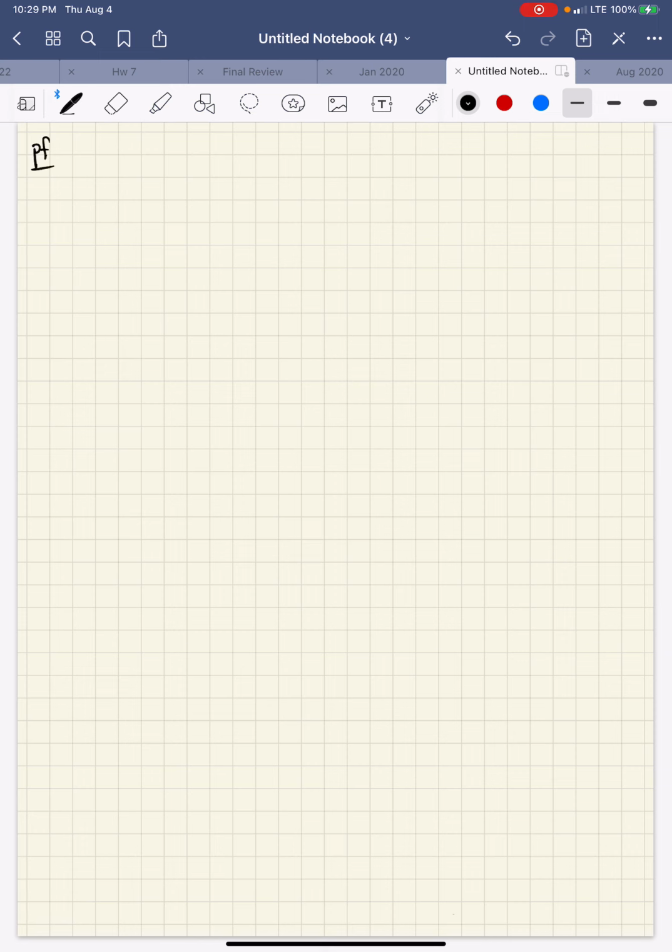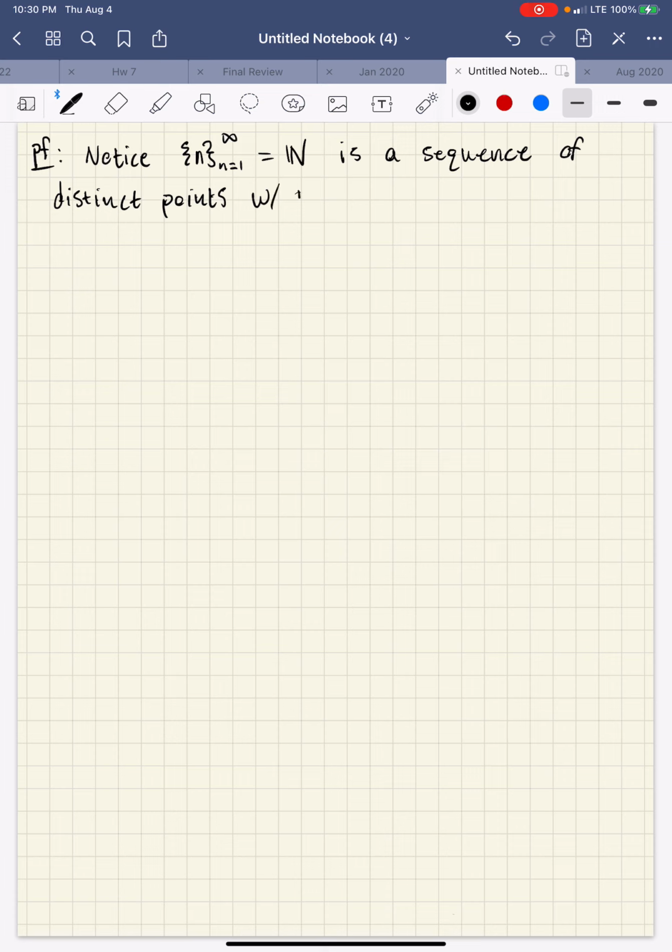So let's start the proof. First I want to notice that the locations that we want our poles for our function are the natural numbers. This is just the enumeration of the natural numbers. And notice that this is a sequence of distinct points with no accumulation point in the finite complex plane.